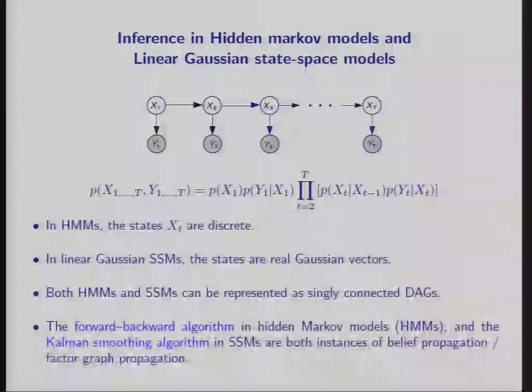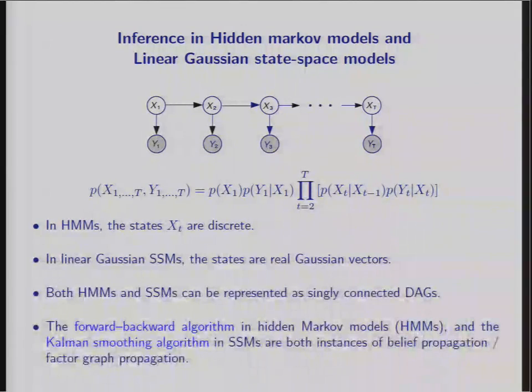So this is very nice. This is a very general algorithm. It turns out that it's a generalization of things that have been very well known for decades. For example, if I take a hidden Markov model, the directed graph for an HMM looks like this. These are the observed sequence of data, and this is a sequence of hidden variables that are meant to explain the observed data.